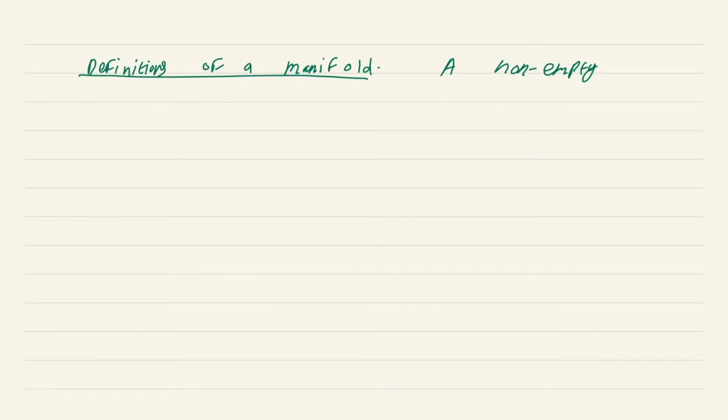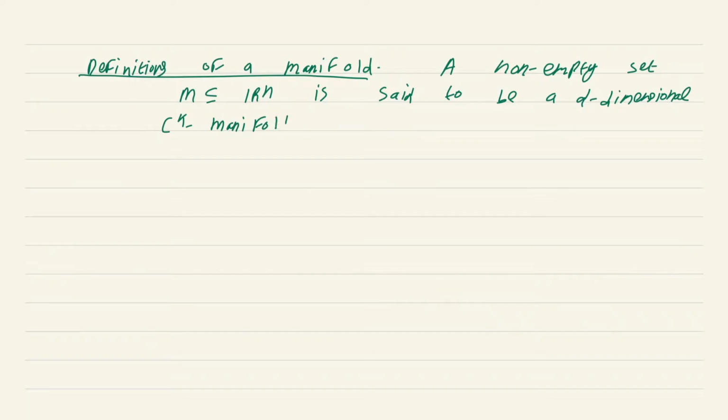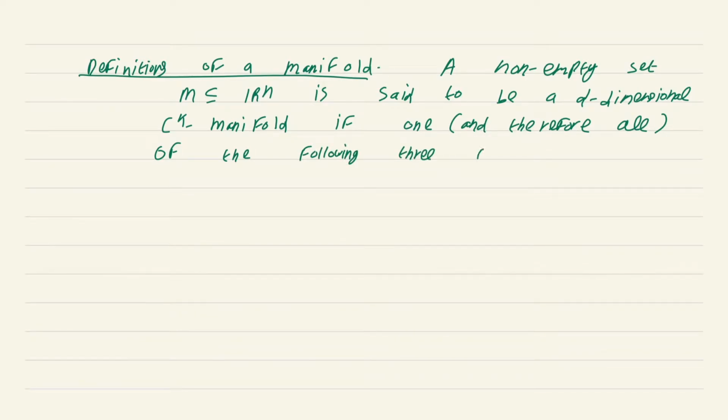A non-empty set M, subset of Rn, is said to be a d-dimensional C^k manifold if one, and therefore all, of the following 3 conditions is satisfied.